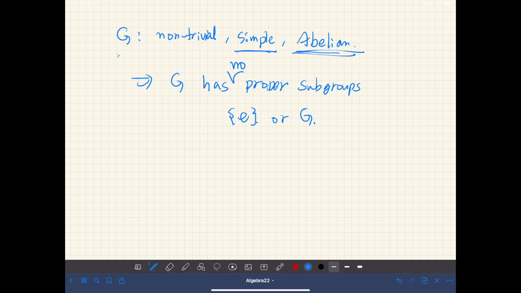Now let a be an element of G which is not equal to the identity element. Then a generates a non-trivial cyclic subgroup, but since there are no proper subgroups in G, this must be equal to G itself.